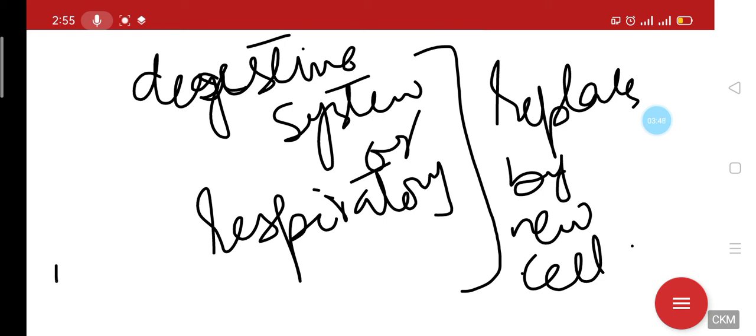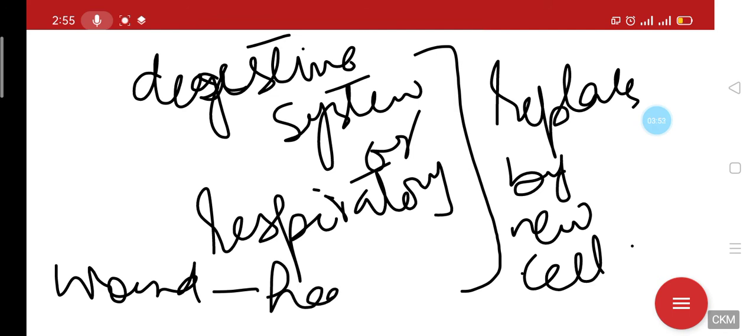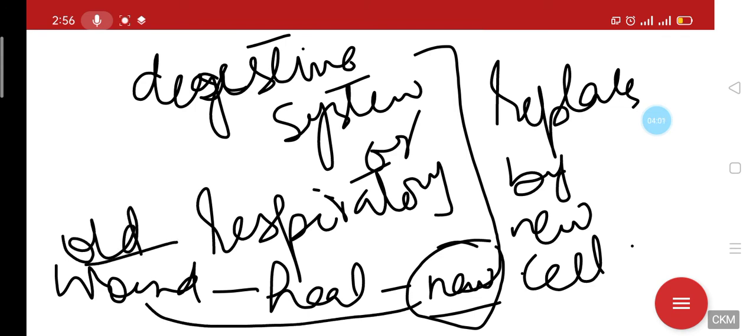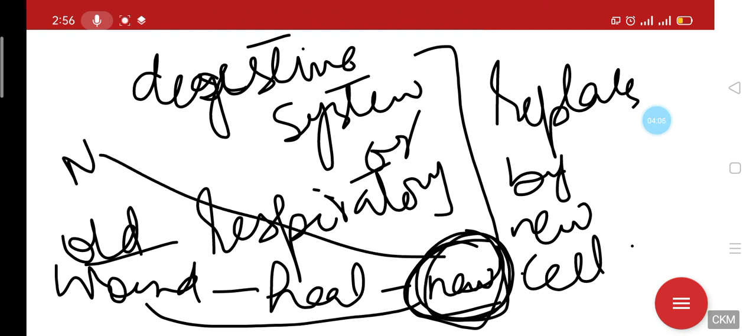Similarly, whenever you get a wound, it heals by new cells. The new cells replace the old cells. So where do these new cells come from? Yes, they come by the help of mitosis.